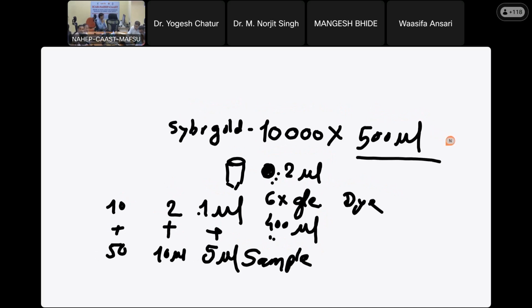So hundreds of milliliters of dye you can prepare. If one of you buys it, then you just share with the others, and it is enough. The big advantage of this system is that it is safe. It works with UV, and it also works with blue light, and blue light is safe.